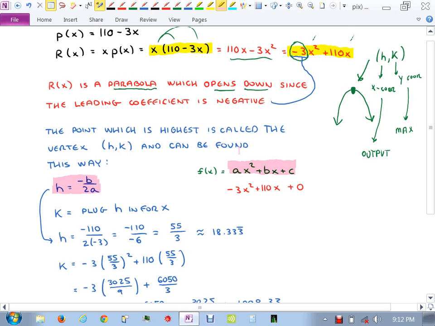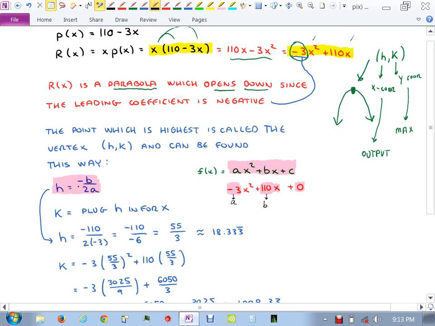For our revenue function, we have the a in front of the x squared, that's negative 3. We have the b in front of the x, which is 110, and then we do have a c, but it's really a 0. There's nothing there. So we've identified a to be negative 3 and b to be 110. And now I just plug into the formula.